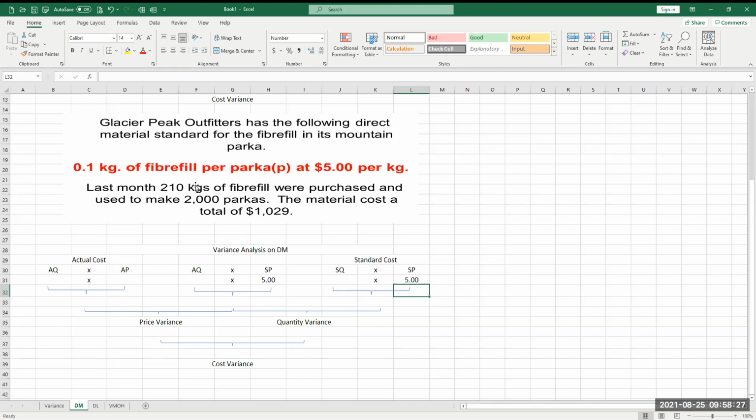Last month, 210 kilograms of fiber fuel was purchased and used to make 2,000 parkers. So how many units we made? 2,000. Okay, we made 2,000 units. Is that clear for everybody?